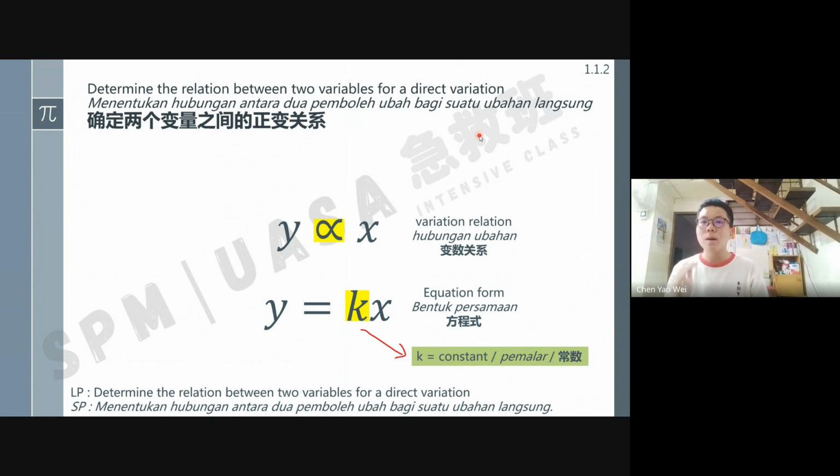Why? In a direct variation, the line must touch the origin. If not, it is not a direct variation.